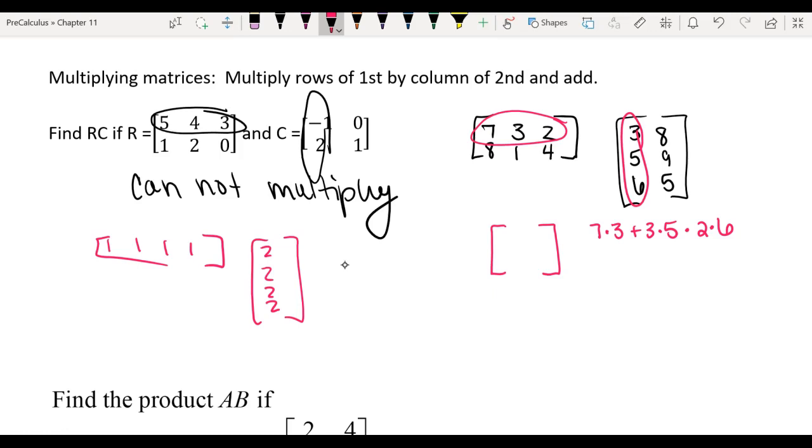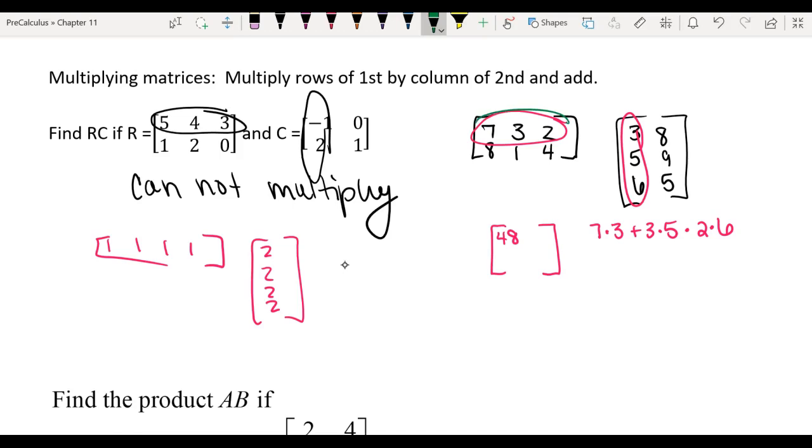So I'm multiplying 7 by 3, 3 by 5, 2 by 6, and then you add them all up. So that's going to be a big number. 21 plus 15 is 36, plus 12, 48. Does that sound right? Okay, and that's going to be the number that goes here.